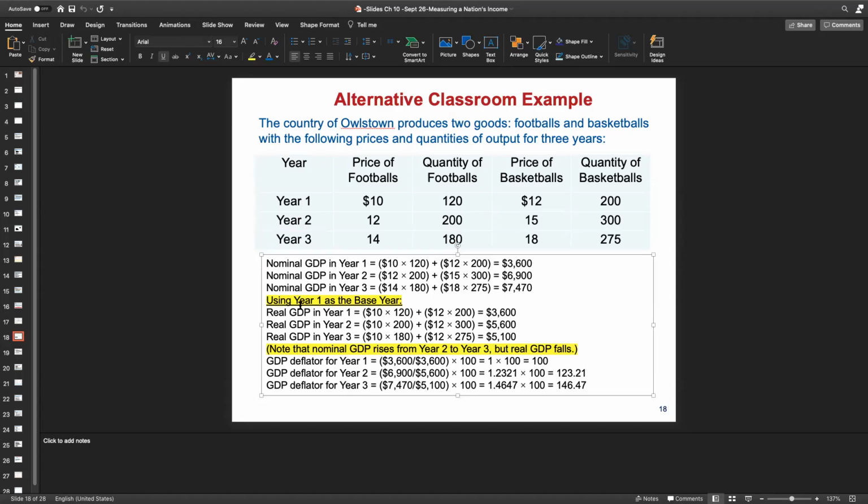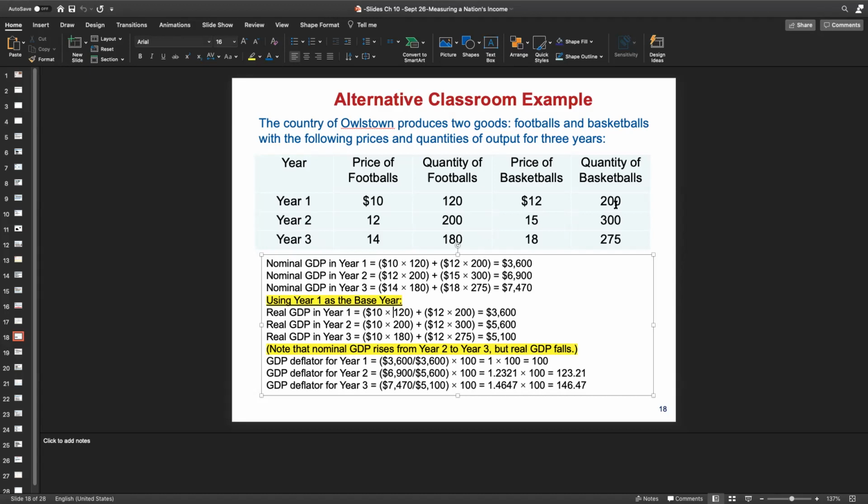Now, using year 1 as a base year, you keep the prices of year 1, $10 and $12, and you want to calculate the real GDP. So the prices would be $10 for football, and for basketball, the price would be $12. And then you replace the quantity for year 1, 2, 3.